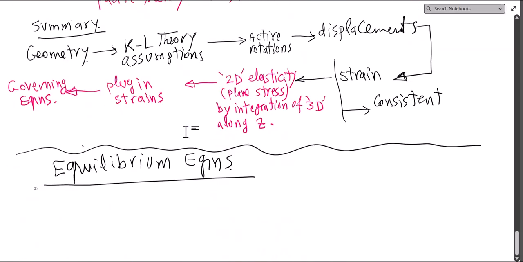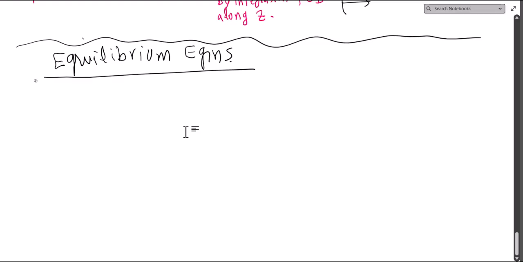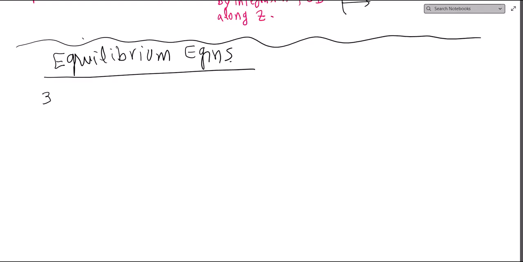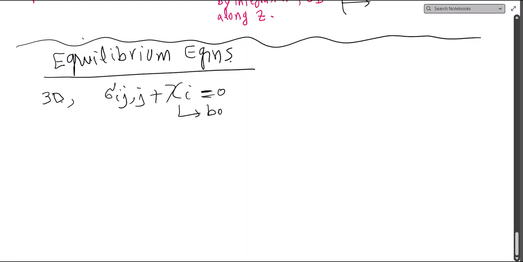Now, the equilibrium equation in 3D reads like this: sigma ij, comma j, plus chi i equal to 0, where chi could be a force, a body force or something. Let's call it dp to 0. So this is body force. And these are the derivatives of stress.